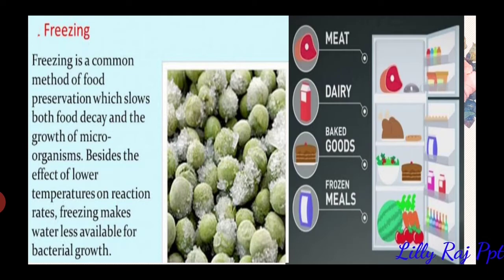Frozen meals, vegetables and other things we can keep in the vegetable box. If we keep food items in this manner, they can remain fresh for more than a week.